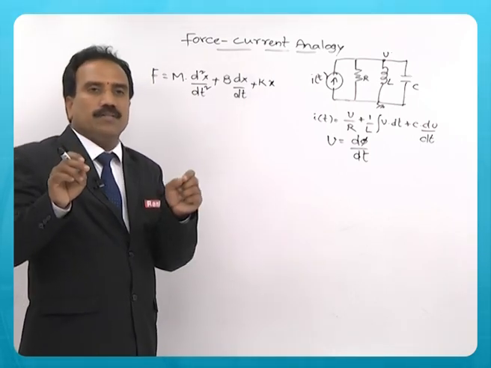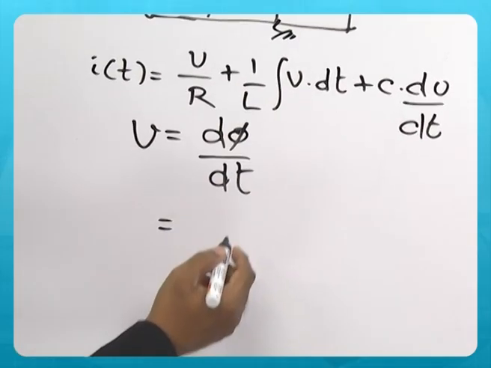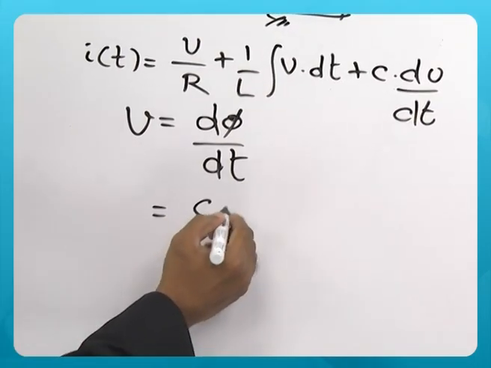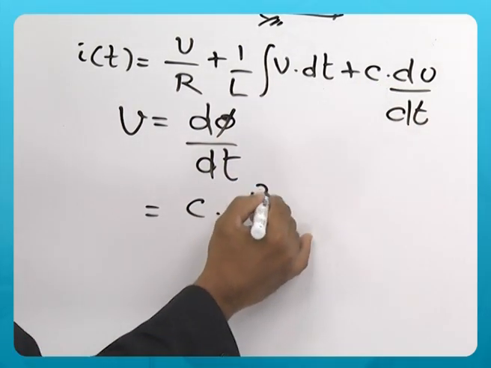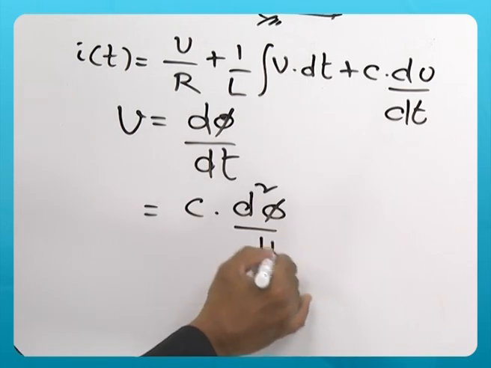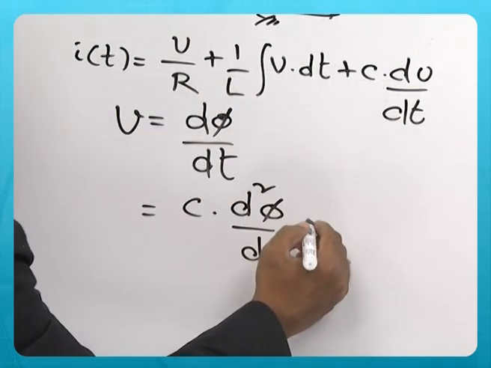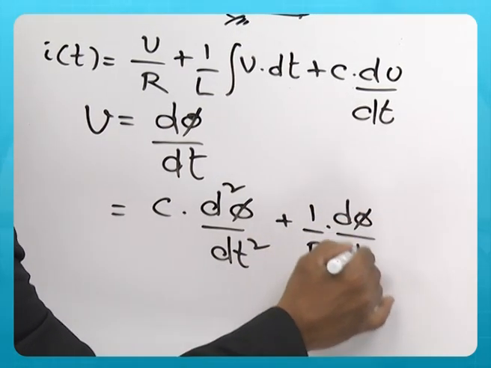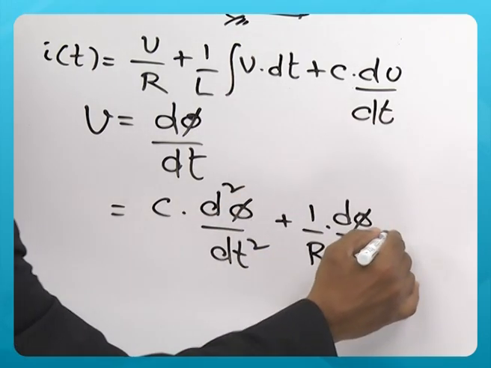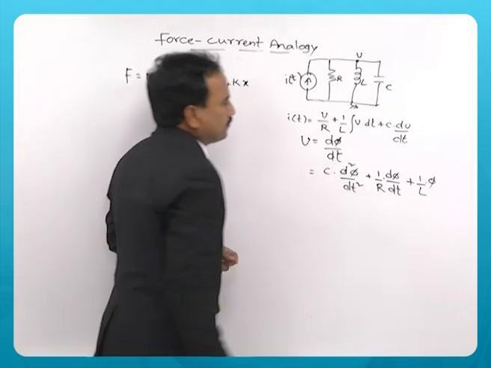For comparison, it will be easy. So, you can write here now C, I am replacing V by d phi by dt here. So, d square phi by dt square is the first term, and then 1 by R d phi by dt and 1 by L into phi.